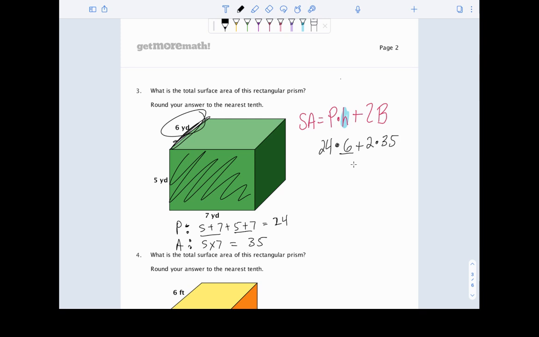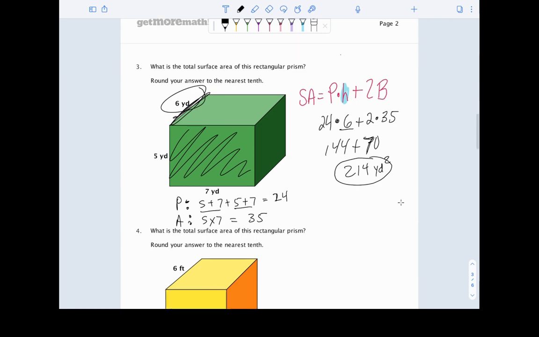So then I'm going to go ahead and, whether you do Desmos or whatever you're going to do, 24 times 6 is 144 plus 2 times 35, which is 70, plus 70 is 214 yards squared. And yes, you will miss it if you don't have that unit. If it says units required and you do not have that unit, then yeah.